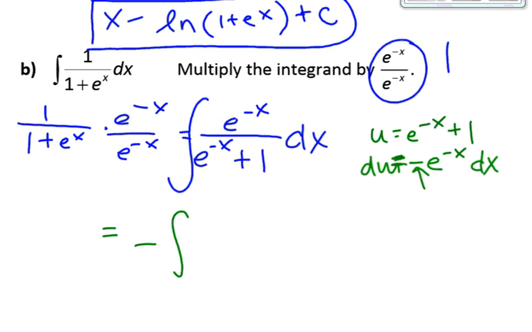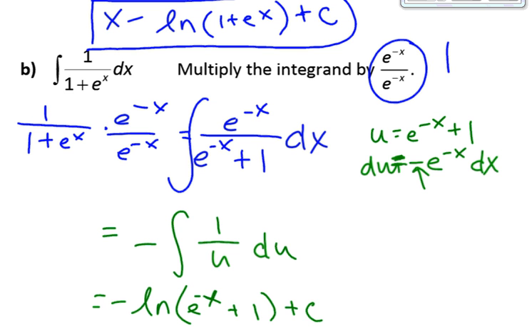Integral of 1 over u du. So then that is the negative natural log of e to the negative x plus 1 plus c.